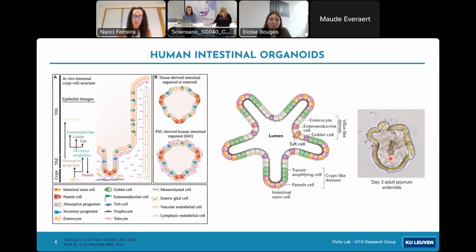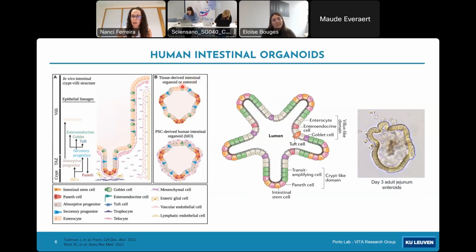There are also different sources of intestinal organoids. They can be derived from iPSCs, and in this case, they contain the layer of epithelial cells, but also an extra layer of mesenchymal cells. The organoids that we now use here in our lab are generated from adult stem cells, from tissue that can be collected during a biopsy or a surgery and that contains these crypts with stem cells.